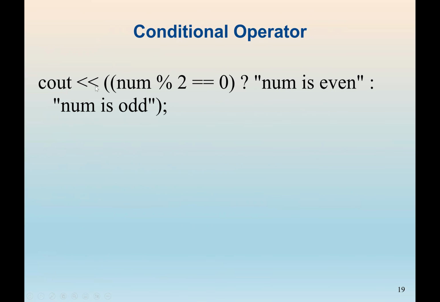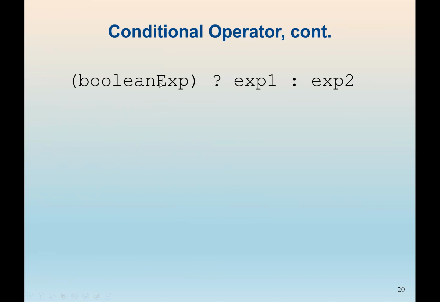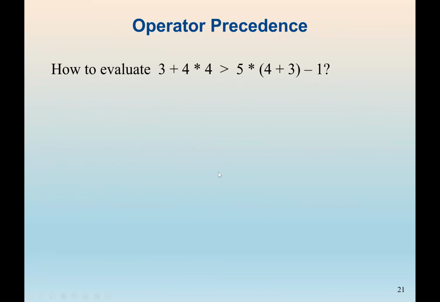So here, cout statement, if number modulus 2 equal to 0 is true, then I'll print num is even. If it's false, then I'll print num is odd. And that's the syntax again, Boolean expression. Expression 1 will execute if Boolean expression is true. Expression 2 will execute if Boolean expression is false.